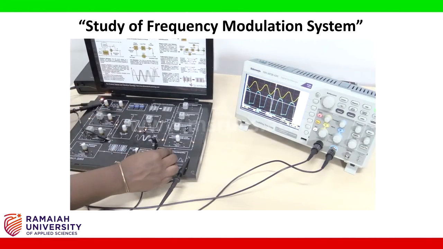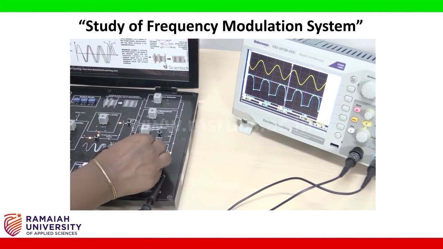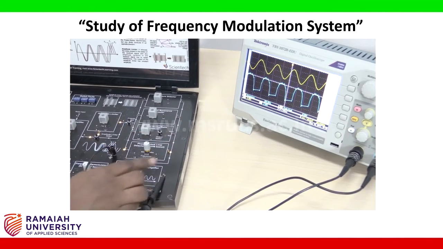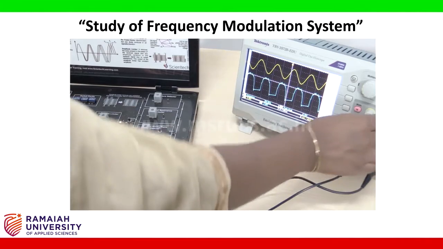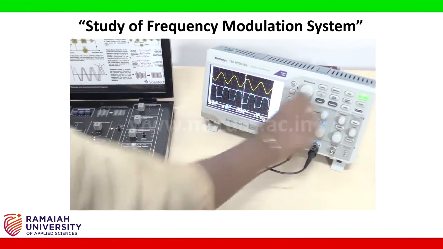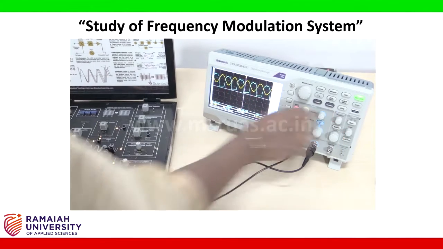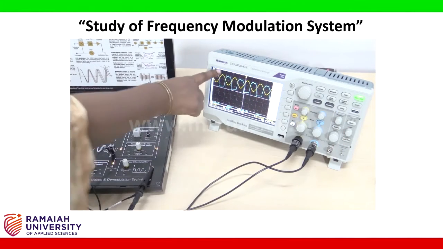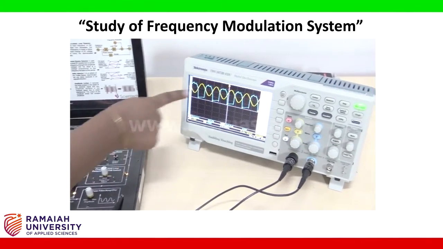So as we tune the knobs, the best output that is produced by the frequency demodulator is like this. By overlapping the 2 waveforms, you can see that the frequency is almost the same. Message frequency and the demodulated message frequency are the same.